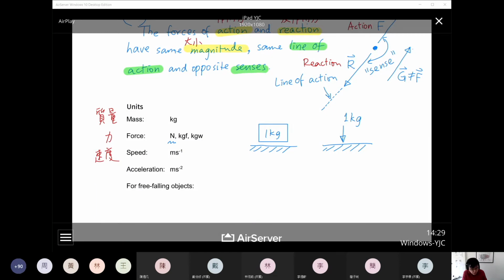That's because kilogram itself is only a unit for mass. It is not a unit of force. So please write it as either kilogram force or kilogram weight.